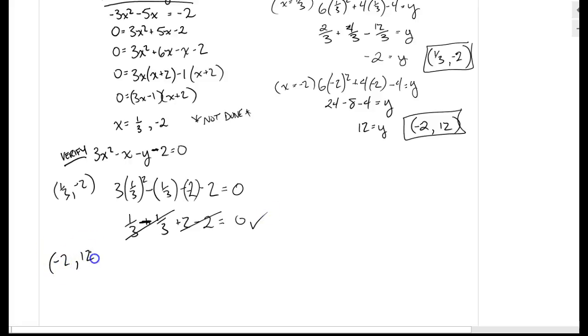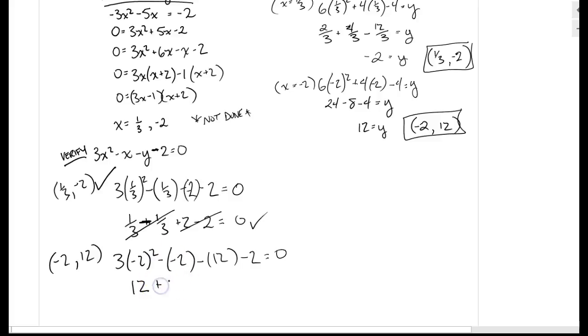Checking our other coordinate points. We've got 3 times -2 squared minus x, okay, and I got the right sign, -2 in there, minus y, which is 12, minus 2 equals 0. So -2 squared is 4 times 3 is 12.